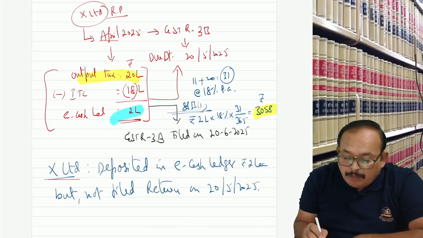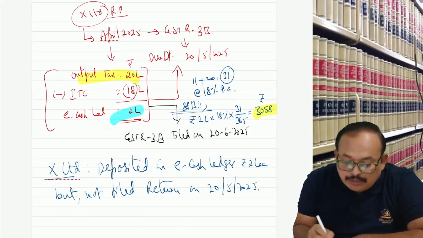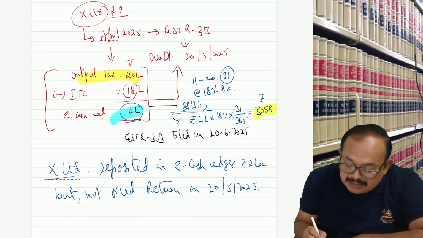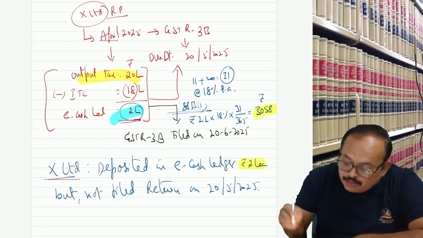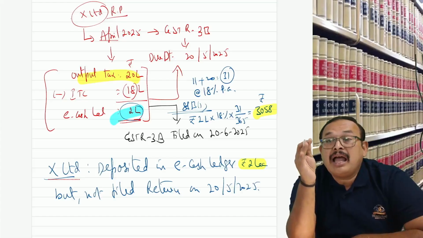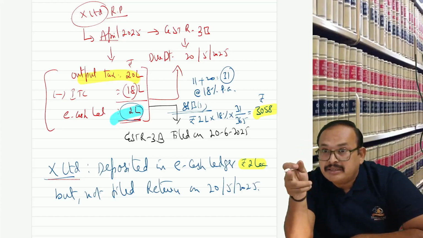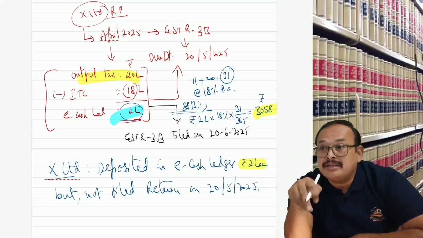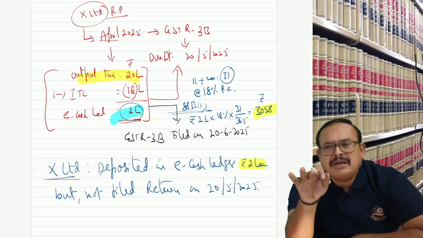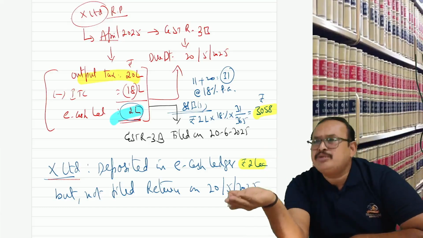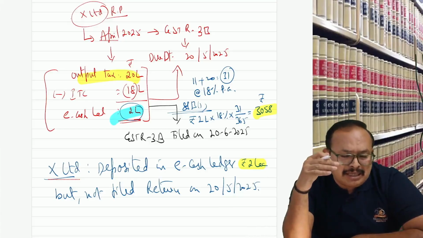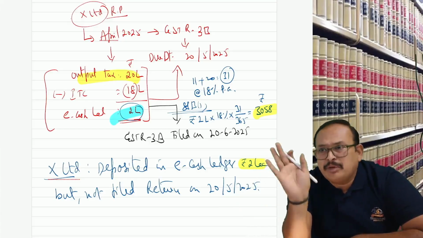Now, how much is the liability to pay in cash? 2 lakhs. Sufficient balance is available in the electronic cash ledger, 2 lakhs is there. As on the due date to pay the 2 lakhs, the 2 lakhs was brought into the electronic cash ledger, but the GSTR 3B return was not submitted to the department, though the amount is available.